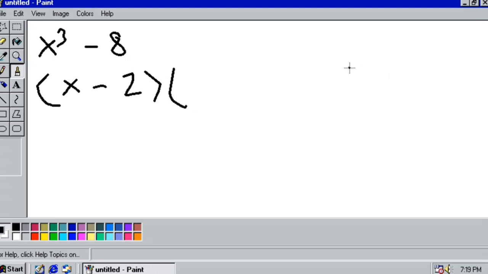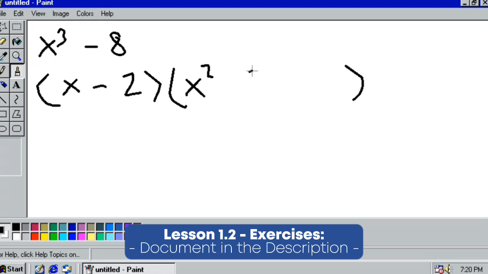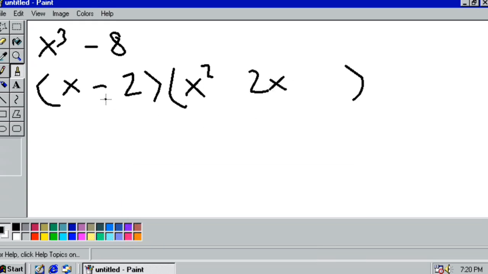Now set up another parenthesis for the trinomial. When we square x, it will be x squared. Multiply both terms, it will be 2x. And the square of 2 is 4, since 2 times 2 is 4. So what sign are we gonna use? Keep in mind that this will always be positive, and the inverse of this minus is the plus.